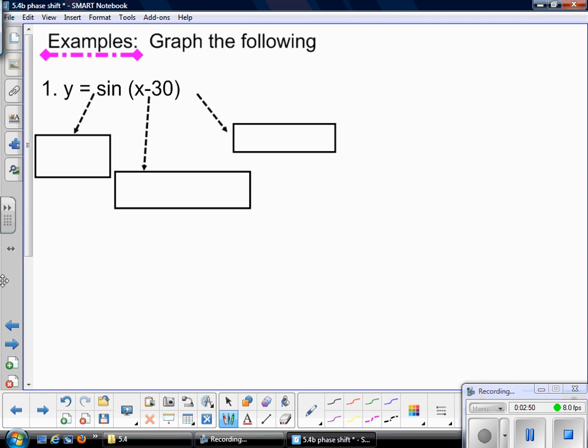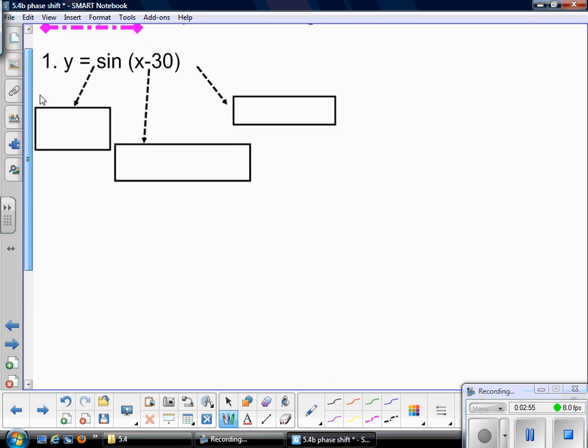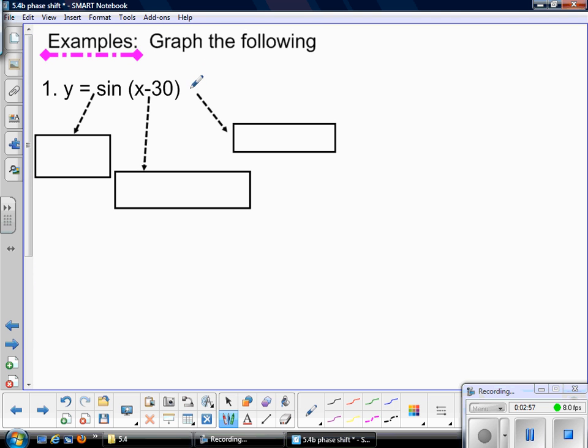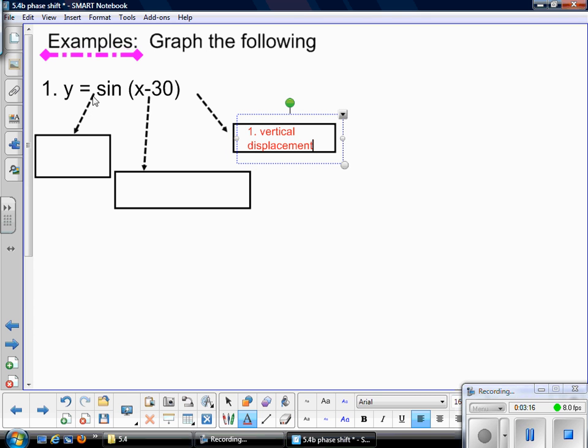Okay, so we're asked to graph the following. Now, when I graph this, notice I haven't got anything here. Again, I look at the first thing, my vertical displacement, and you can see that there's nothing going on there. So this is the first thing that I look at, and that's our vertical displacement. And I would draw my dotted line the same way as I would before. The next thing I would look at is my amplitude, only because I'm going to get more marks if I have my dotted lines there.